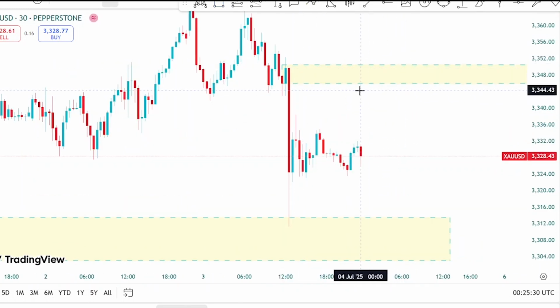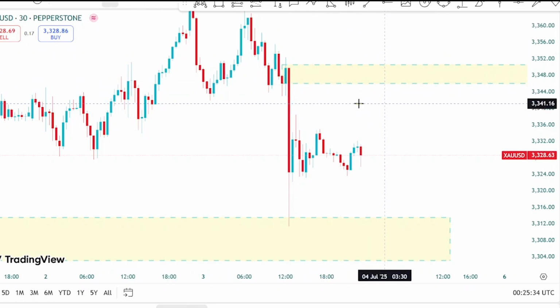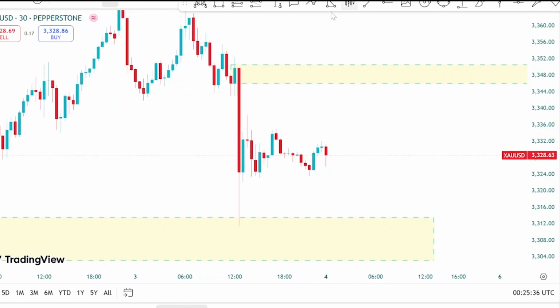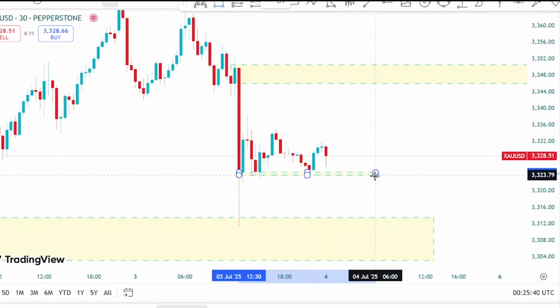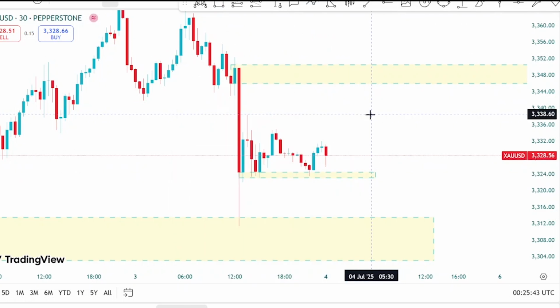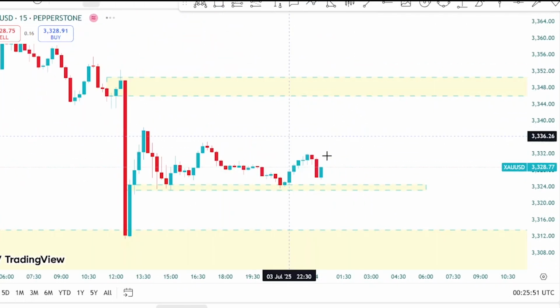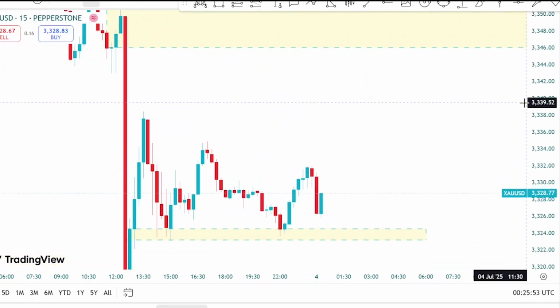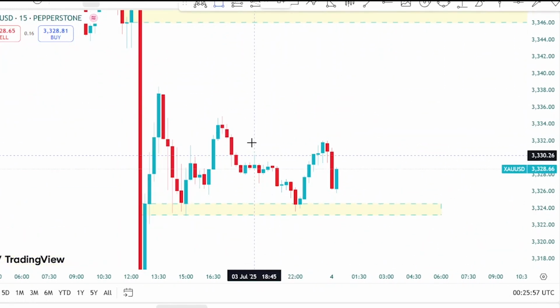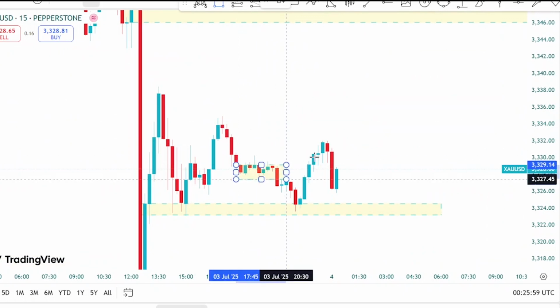From now, you can see we are in the 30 minutes. We have this low, this area, and let's move to the 15 minutes to deal with this consolidation. We had this high.